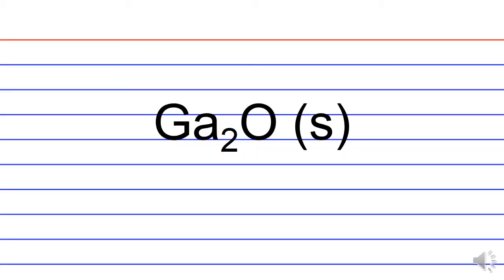So the molecular formula is Ga2O, and it occurs as a solid. The easy way to figure out the relative stoichiometric ratio of each element is to use what I call the crisscross method. There might be a formal name for it. I'm not really sure.